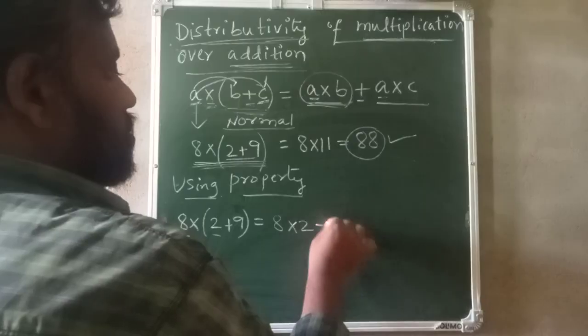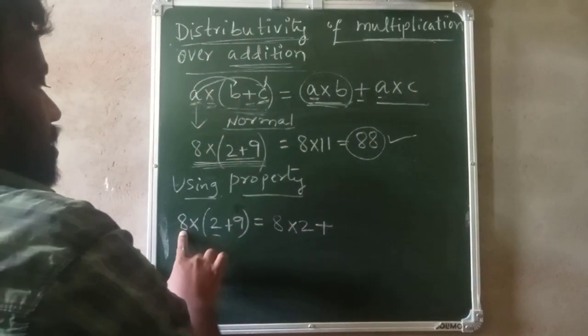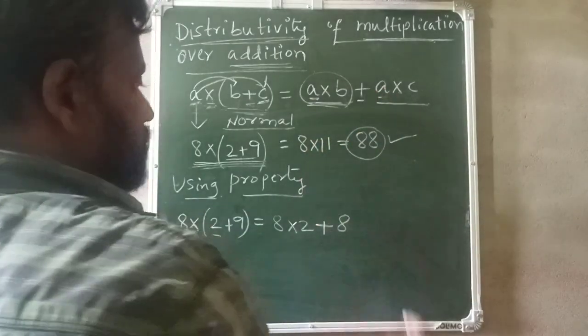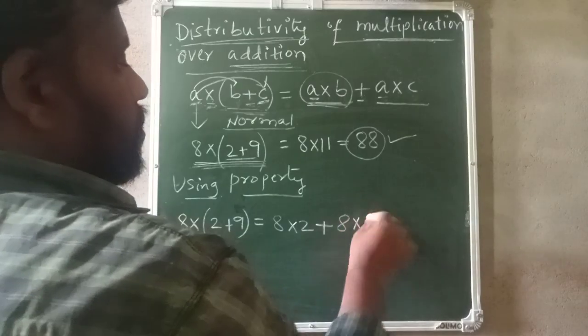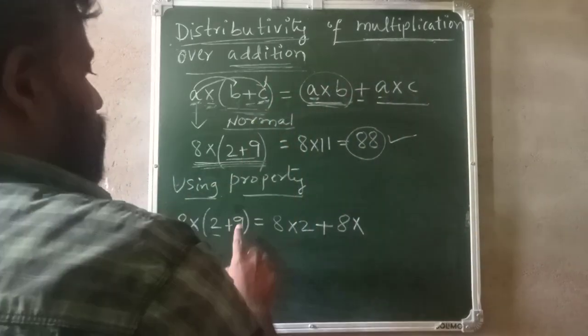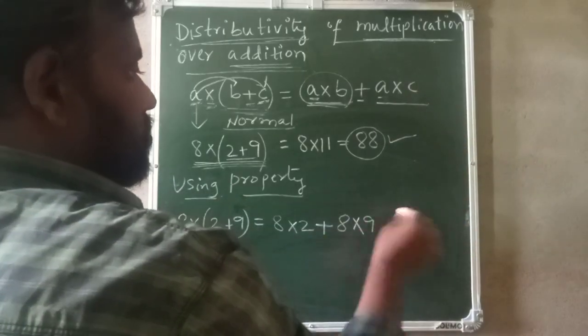Next plus A into C. In place of A we have 8, so write 8 into C. In place of C we have 9, so write 9.